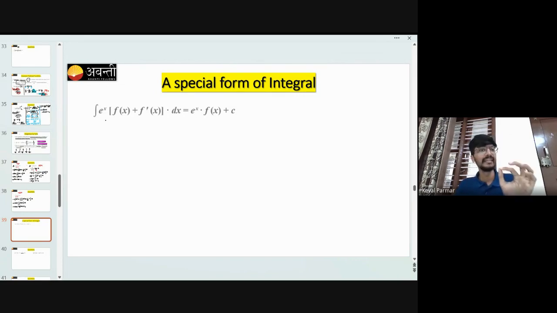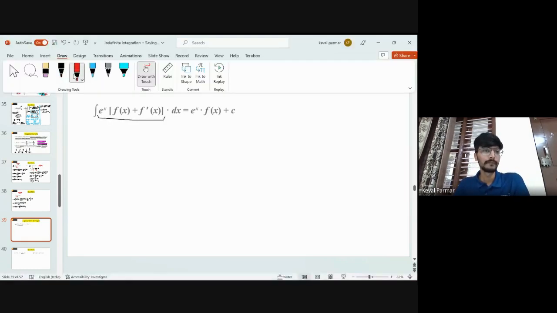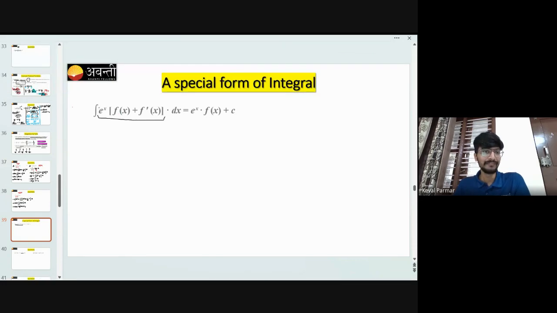If anywhere I see this format, this is the format: outside we have e raised to x, inside we have function plus its derivative.